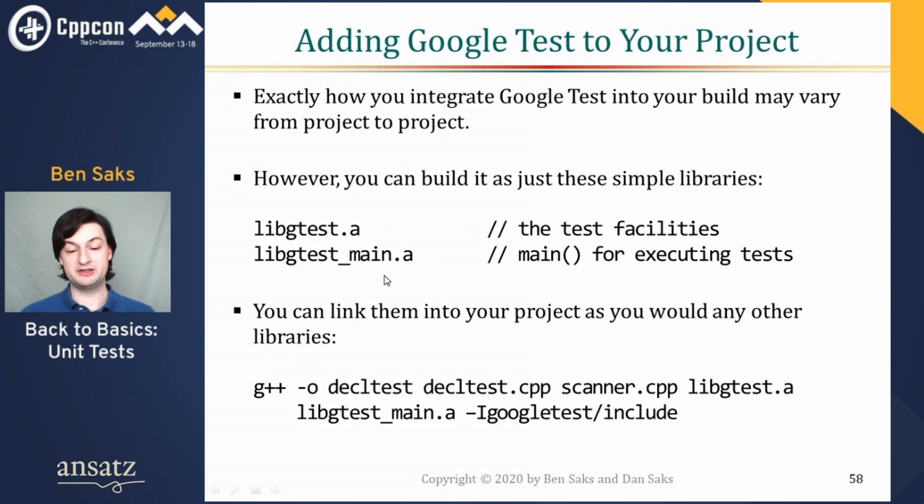And then you can just link them into your project the same way that you would any other libraries. And you can go ahead and use Google Test. You may want to integrate it more deeply with your build system, call out to its CMake files from your own CMake system, for example. But you don't necessarily have to. There are ways of doing things fairly simply. Other frameworks, in some cases, are header only. There are ones that basically just include the headers and you go from there.